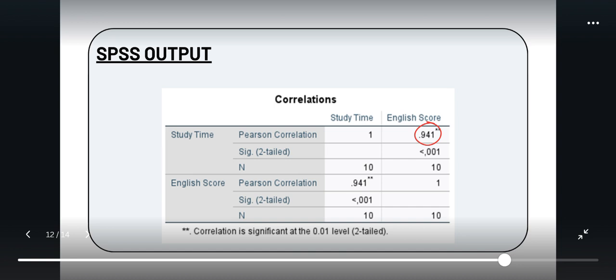Because the p-value is smaller than 0.05, the null hypothesis is rejected. This means that students who spend more time studying tend to achieve higher English scores. However, it is important to note that this result shows correlation, not causation.